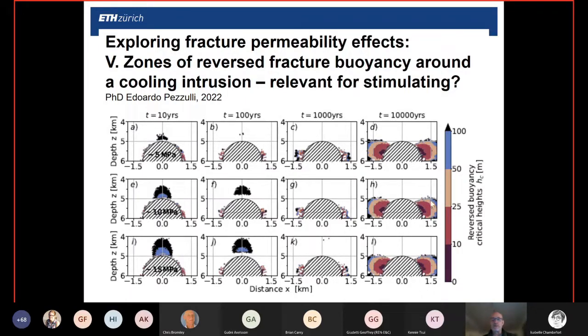So there may be areas near our intrusions, where we are looking for superhot resources, where natural fluids, or fluids that you inject into fractures, may want to go down instead of up. Perhaps this is an interesting way of stimulating things without bringing too much pressure into the system.